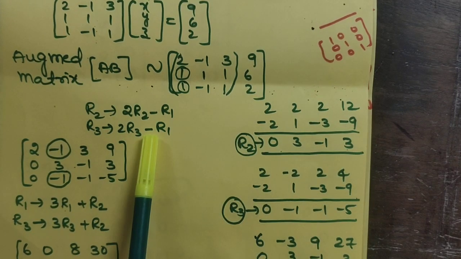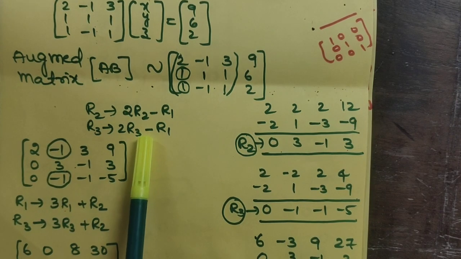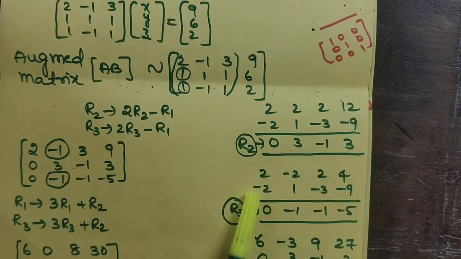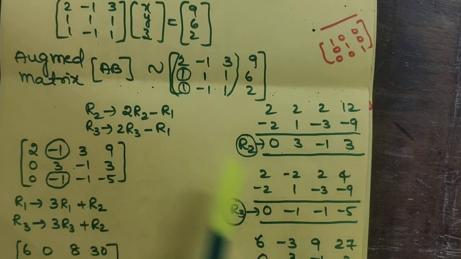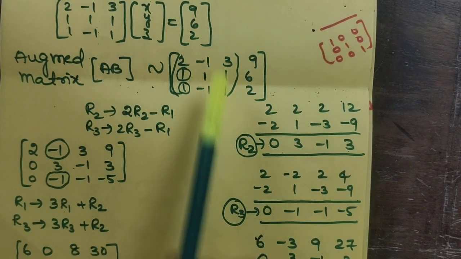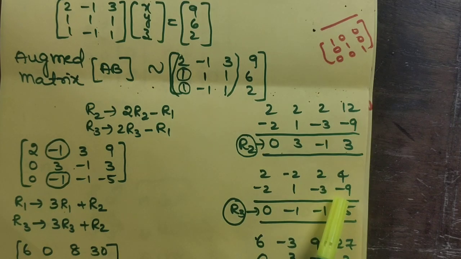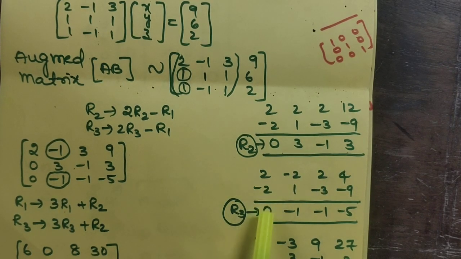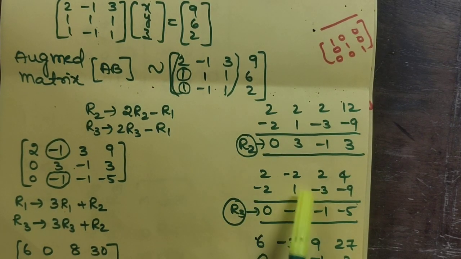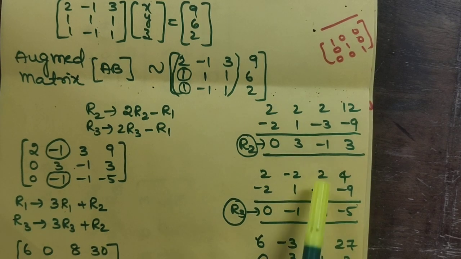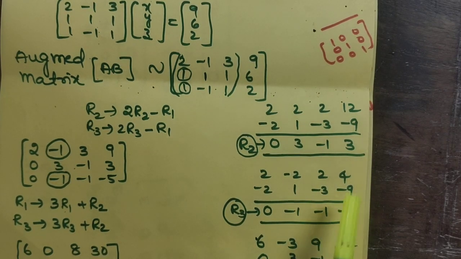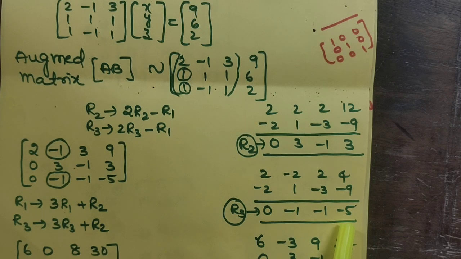Next minus: the R1 elements are multiplying with minus. Minus into plus is minus 2, minus into minus is plus 1, minus into plus is minus 1 threes are 3, minus into plus is minus 9. So adding these two elements, you will get 0. Minus 2 plus 1 is minus 1. 2 minus 3 is minus 1. 4 minus 9 is minus 5.